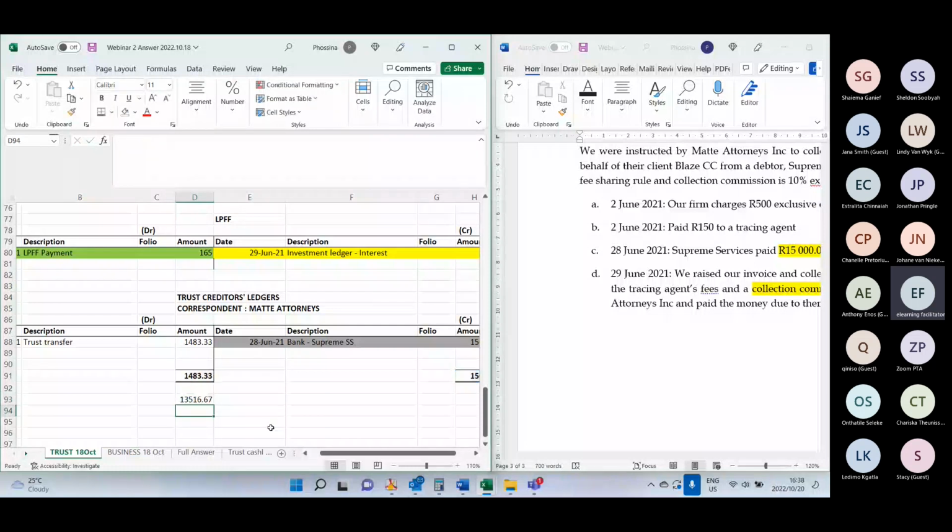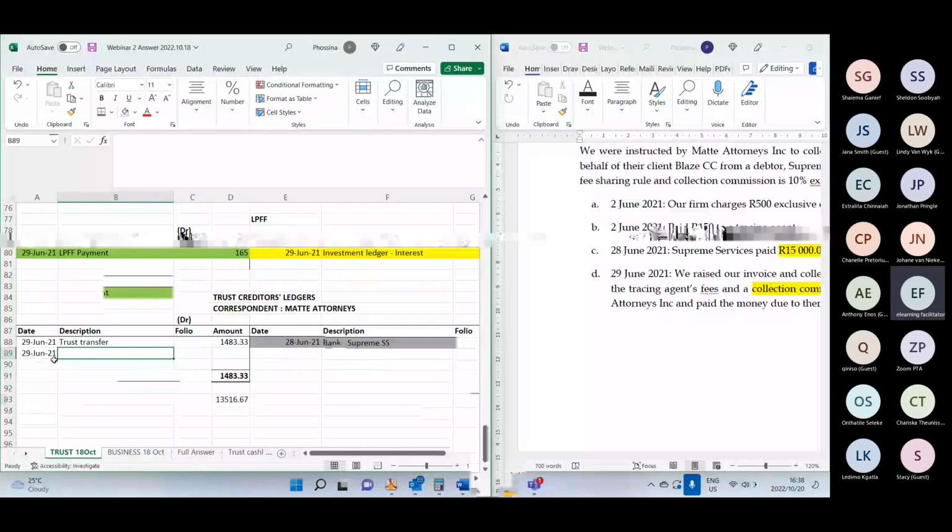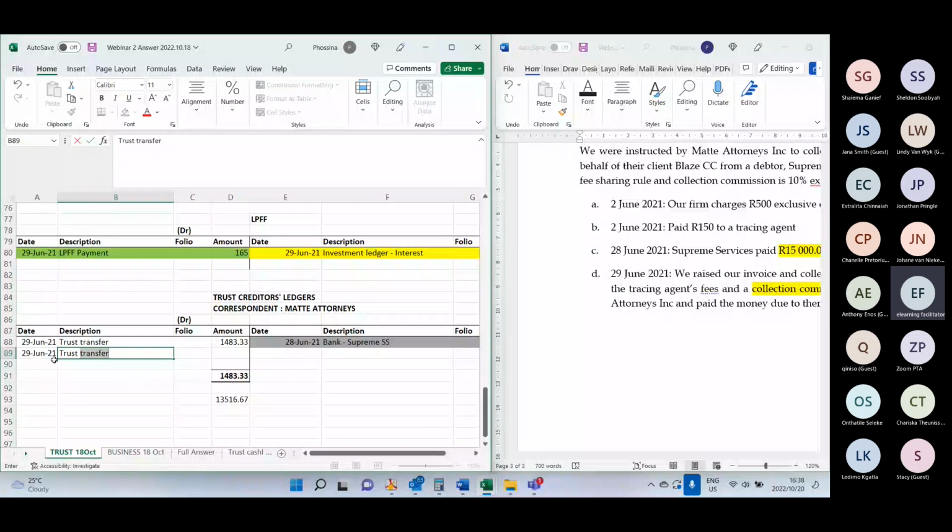So this is the amount that we are going to pay over to our correspondent. So this is going to come out of our business account, and it's a payment settlement to our correspondent. And then how much is it?